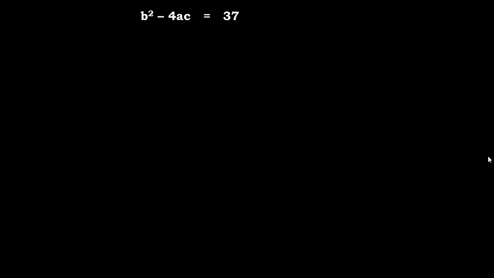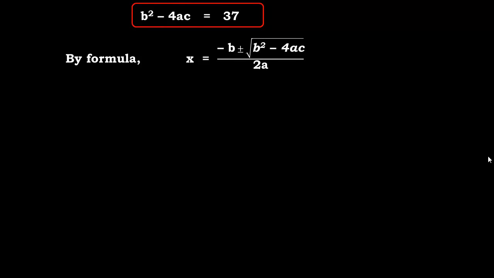We can write the formula x is equal to minus b plus or minus root of b square minus 4ac upon 2a. So substitute the values, minus 1 plus or minus root of 37 upon 2 into 3.